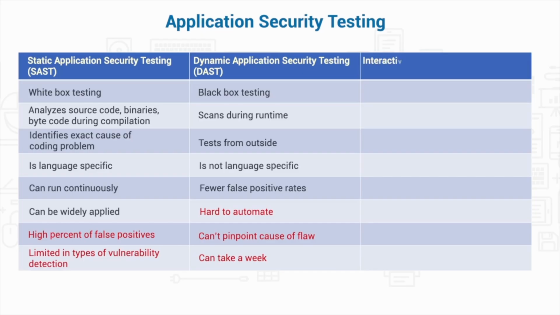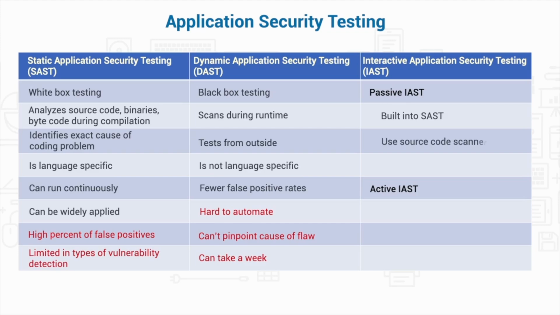Finally, we have interactive application security testing, or IAST, which can be broken down into two types, passive and active. In passive IAST, we build interactivity into static application security testing. IAST tools are source code scanners that work during runtime. In active IAST, the testing tools can access interpreters and compilers, allowing precise identification of a problematic line of code during runtime.